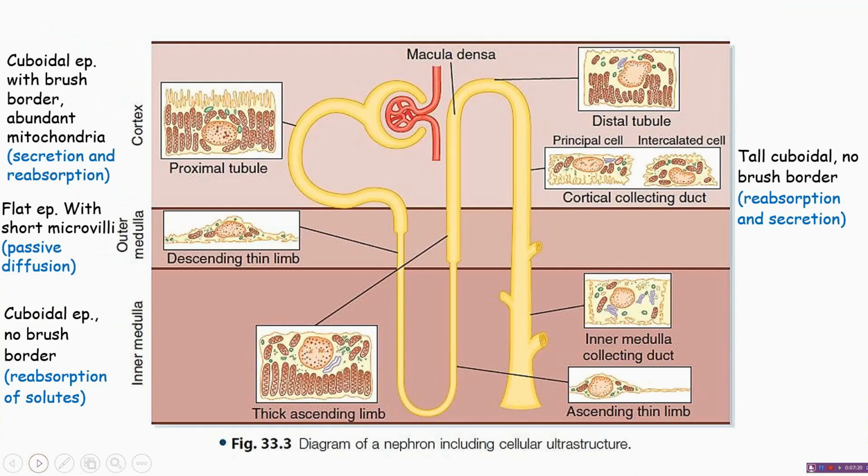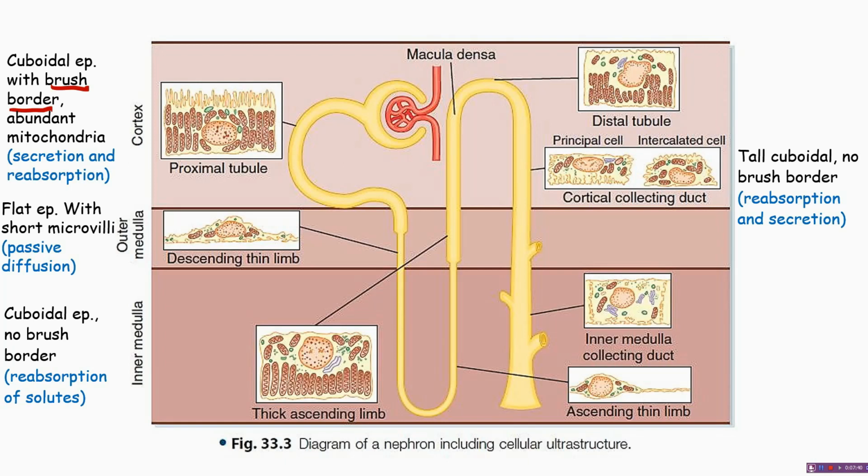Now in this diagram, the histology is shown for the different parts of the nephron. The proximal tubule has cuboidal epithelium with a brush border, and it has abundant mitochondria, so it is metabolically active and it helps in secretion and reabsorption.